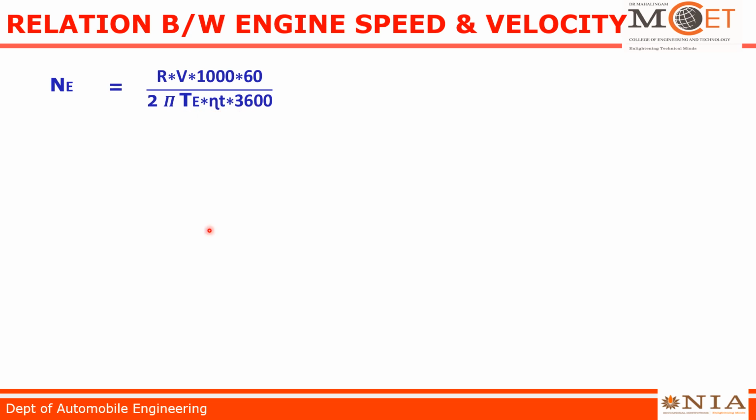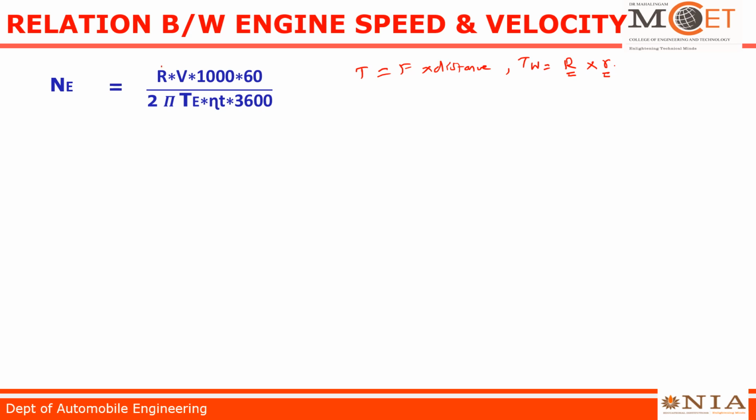We know that torque is equal to force into distance. So TW equals the force available at the wheel, which is resistance, into the distance, which we take as the radius of the tire. So TW equals R into r.